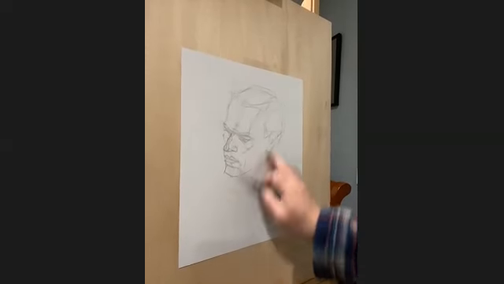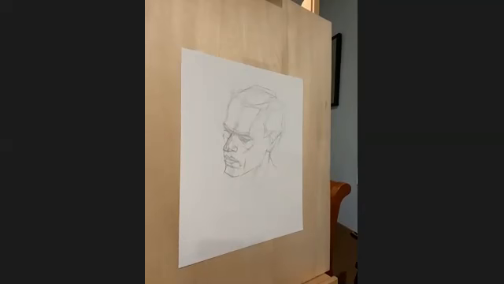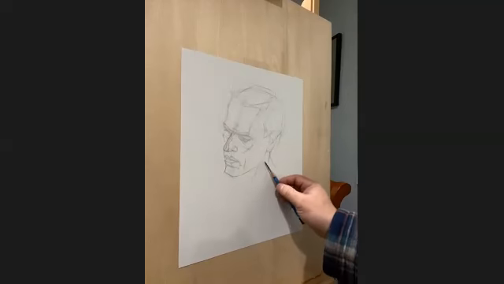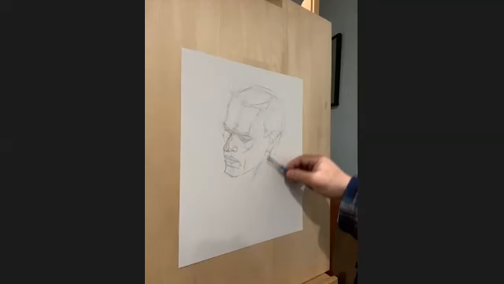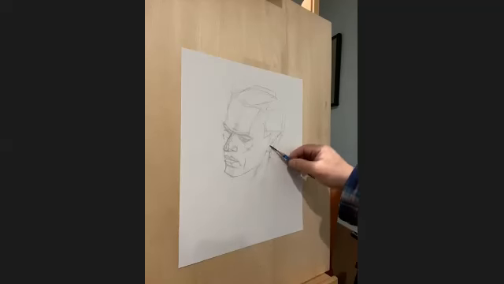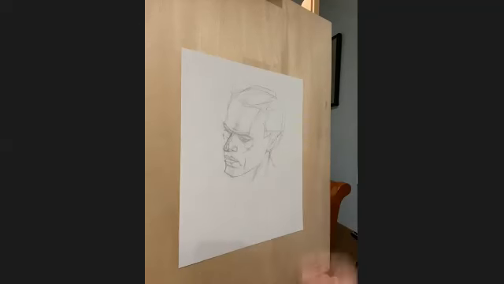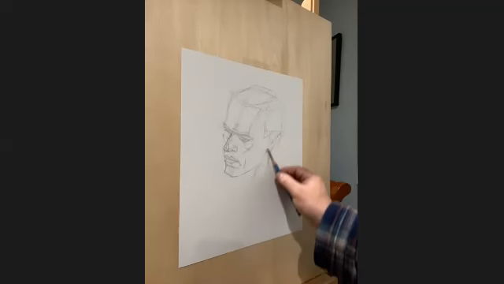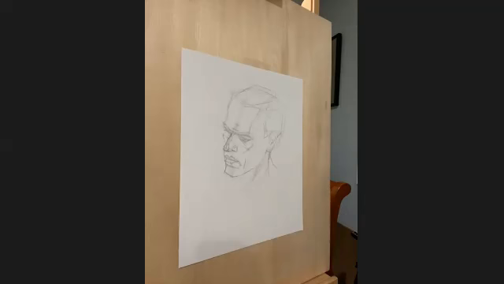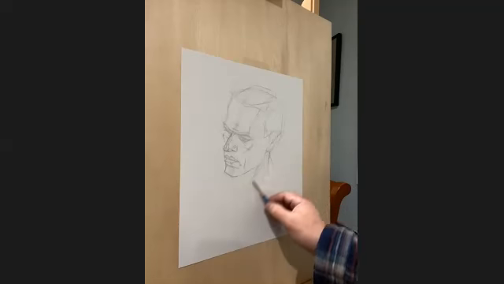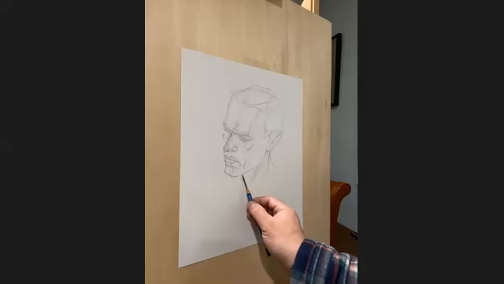That's the muscle connecting the sternum bone to the bottom part of the ear, the sternocleidomastoid. So this is the muscle that controls the neck.